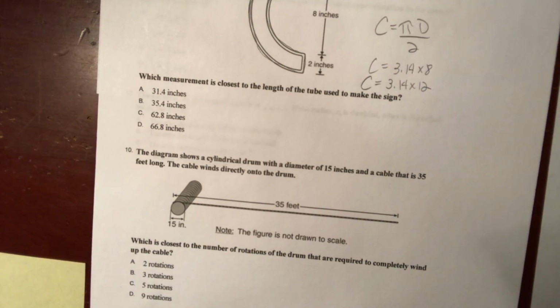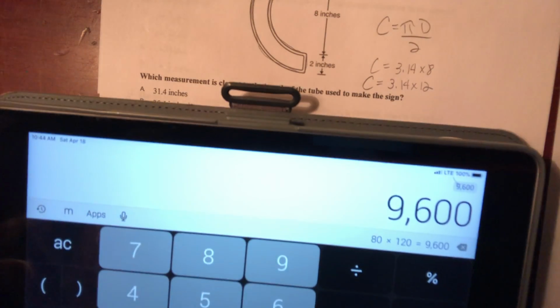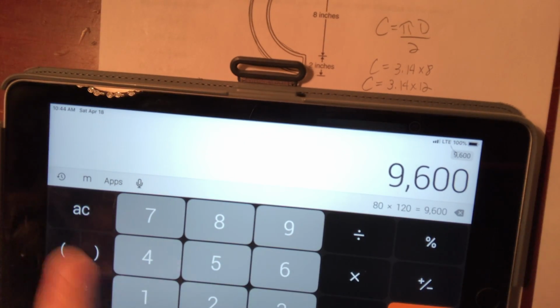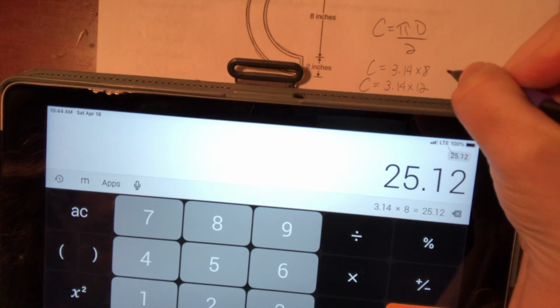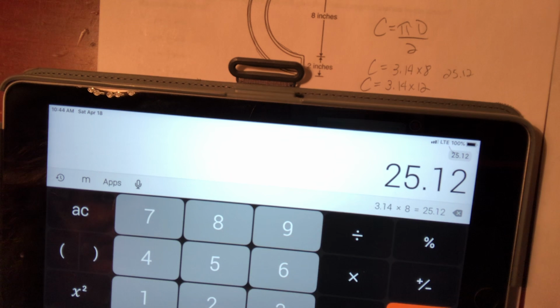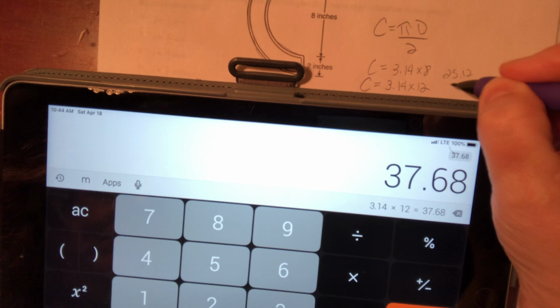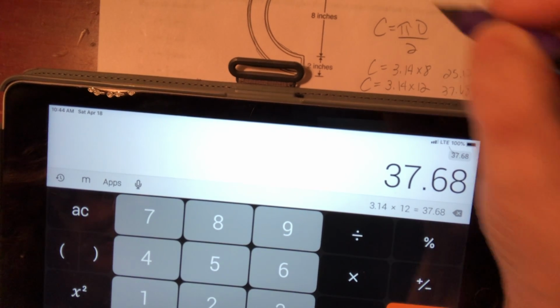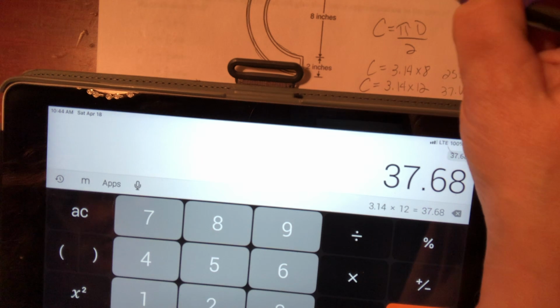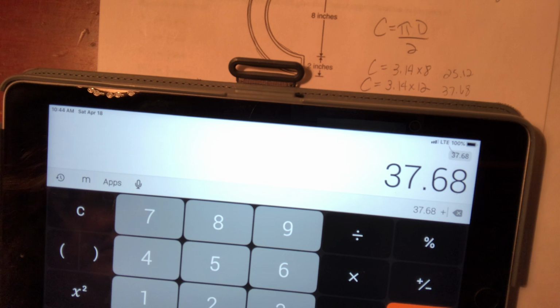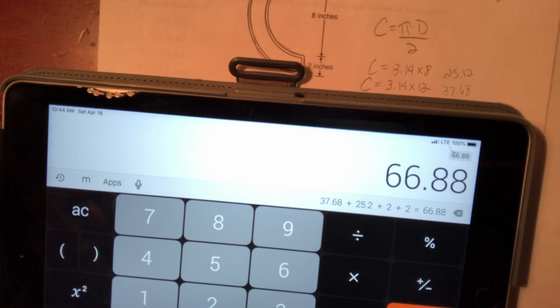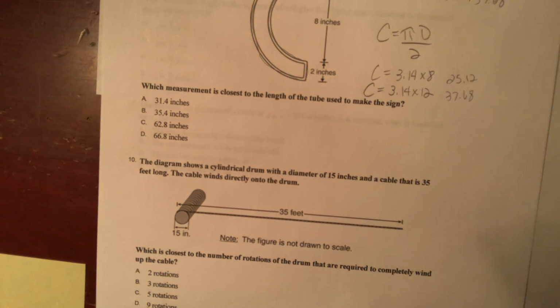All right, let's see what the calculator comes up with. 3.14 times 8 equals 25.12. 3.14 times 12 equals 37.68. And then we've got these up here, 25.12 plus 37.68 is 62.8. Let's see if there's one close to that.